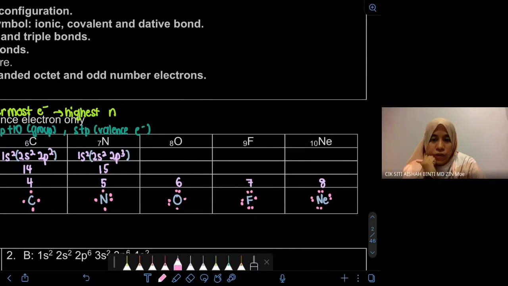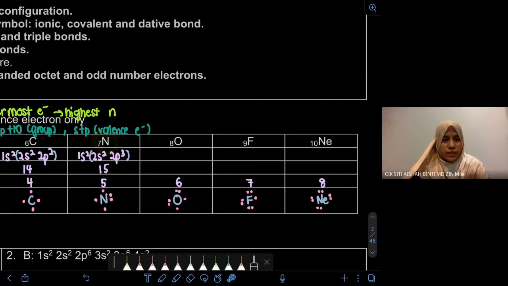So that is the electronic configuration and Lewis symbol for the atoms in period 2. It's very important. This one Miss thinks you can do yourself. It's very important for you to write down the electronic configuration first. Right now you may not feel it, but later you will get confused. In 4.2 and 4.3, when you go faster, you may miss things. For example, look at nitrogen itself.